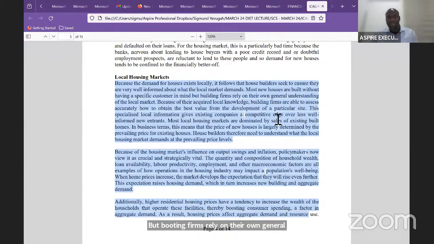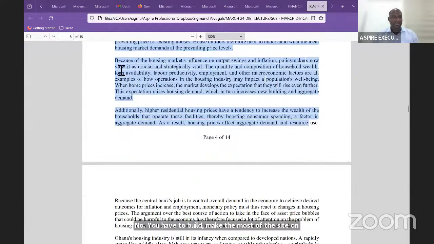Because of their acquired local knowledge, building firms are able to assess accurately how to obtain the best value from the development of a particular site. This specialized local information gives existing companies a competitive edge over the less informed new entrant. Is that clear? So if you're not well informed in this industry, you are surely going to struggle, because you are not going to know what customers want. You have to make the most of the site on which you are locating your building in order to be able to sell them.